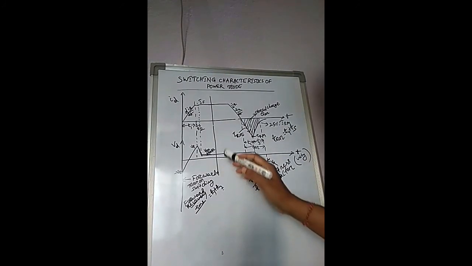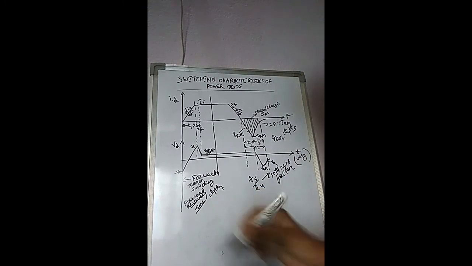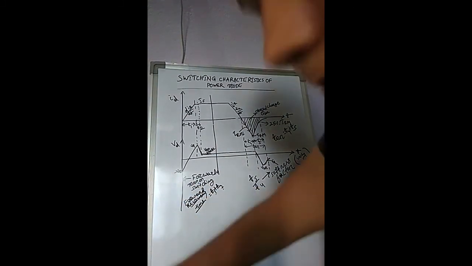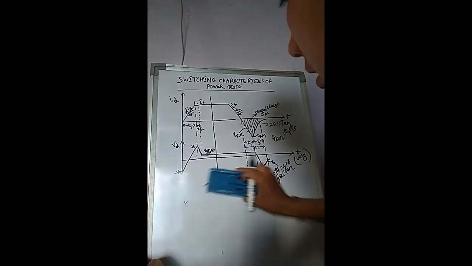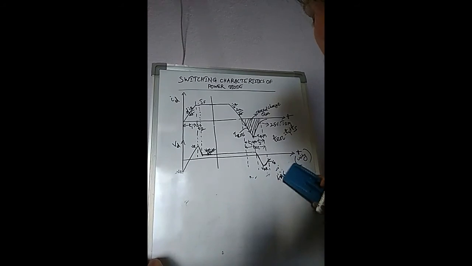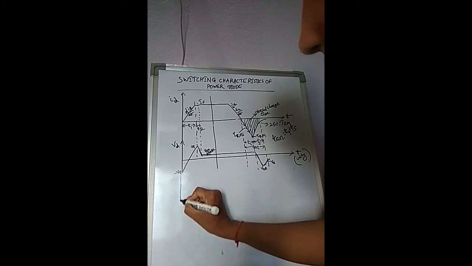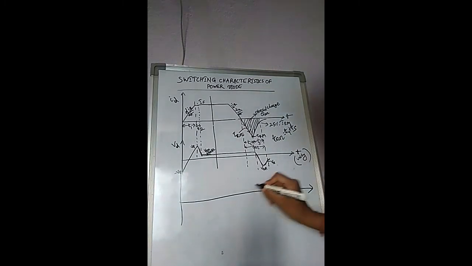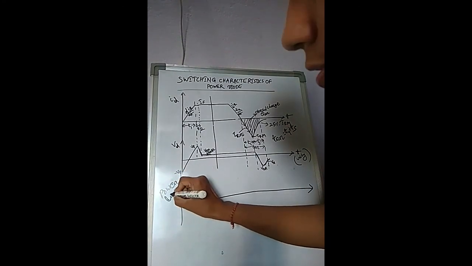So the last part of the switching characteristics is the power loss.